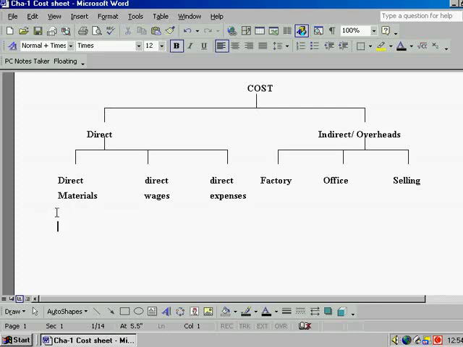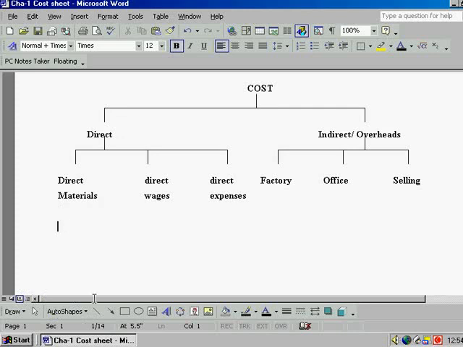So very first in our cost sheet, in our statement of cost, we will first take up all the direct costs. First we will take direct materials, then direct wages, then direct expenses. Then we will get one total. This total is called direct cost. Direct cost is also known as prime cost.